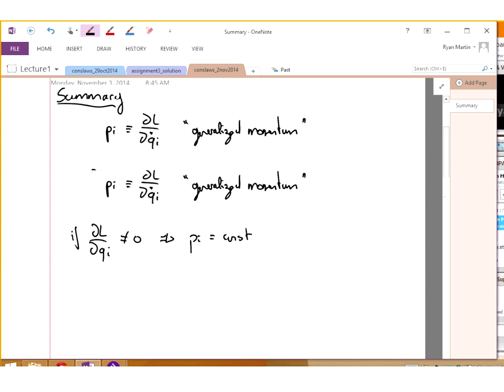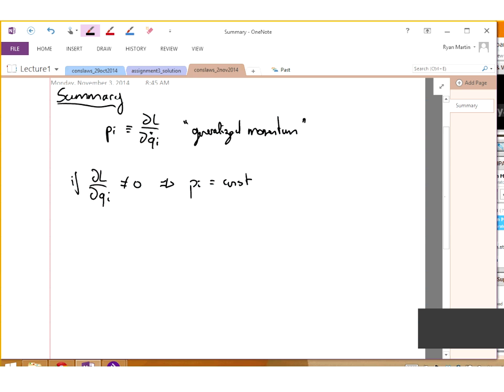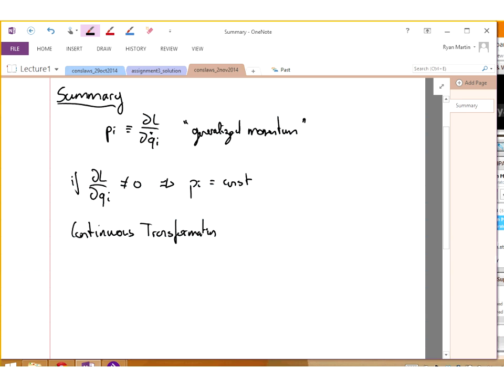And so we introduced the concept of a continuous transformation of the coordinates, which is a transformation that can be built up as the sum of a bunch of infinitesimal coordinate transformations.